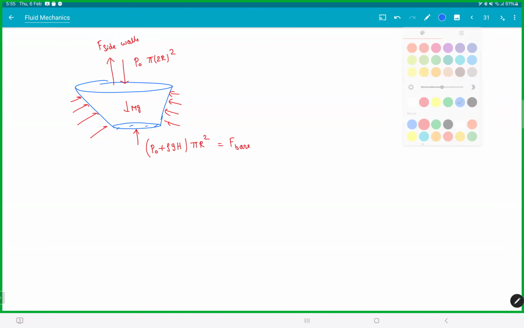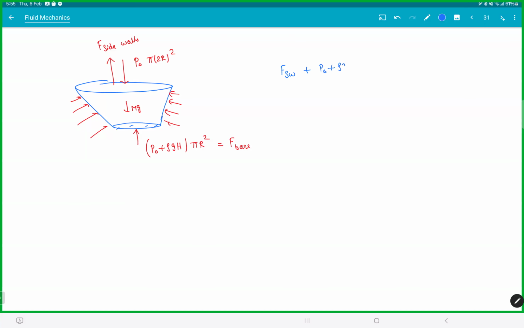So F side walls plus (P naught plus rho g h) pi r square is equal to mg plus P naught into 4 pi r square. If I can find my mass, my job's done. The F due to side walls is mg plus P naught into 3 pi r square minus rho g h into pi r square.